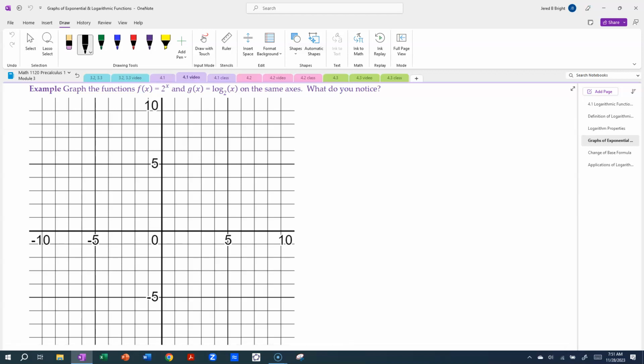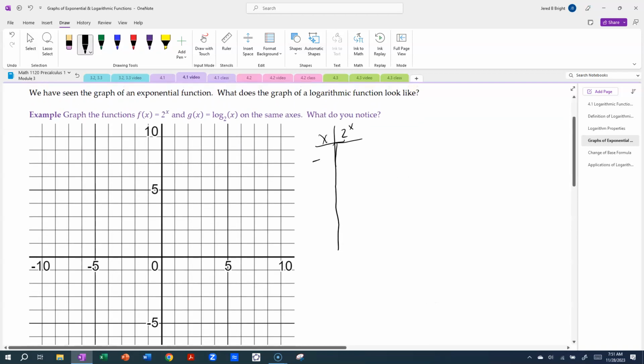Okay, so first of all, to graph f, we know how to do that. We can just do x, and then 2 to the x, which is y. Maybe previously we did -2, -1, 0, 1, and 2, and then substitute that in. You get 1/4 and 1/2, then 1, and then 2 and 4. We can certainly plot that, and I'm going to do that in blue.